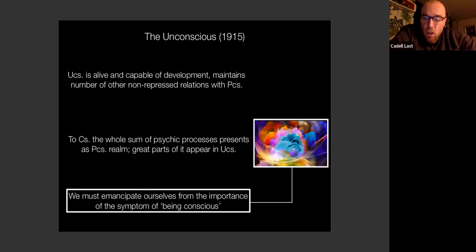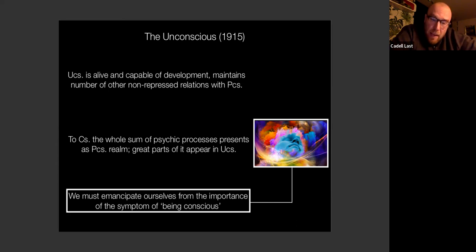That to consciousness, the whole sum of psychical processes presents as the preconscious realm, even though great parts of it appear in the unconscious. So what that means is that, again, as I've alluded to before, most of what we know about the unconscious is as we interpret the unconscious through the preconscious.